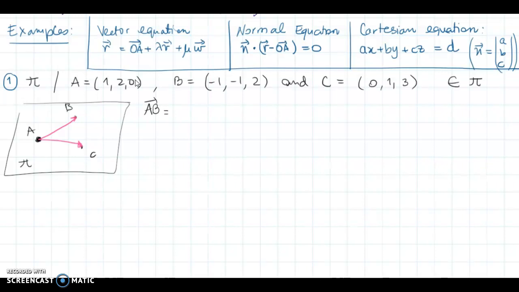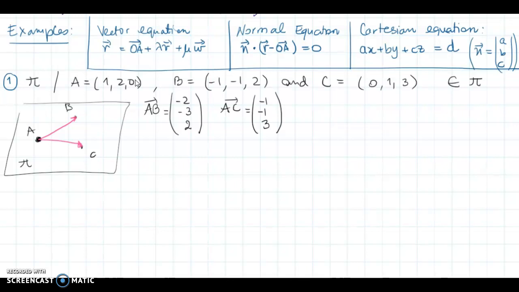For AB, we are going to have -1 minus 1 that's -2, -1 minus 2 is -3, and 2 minus 0, 2. So that's my vector AB. And for AC, we have 0 minus 1, that's -1, 1 minus 2 is -1, and 3 minus 0 is 3. So those are my vectors.